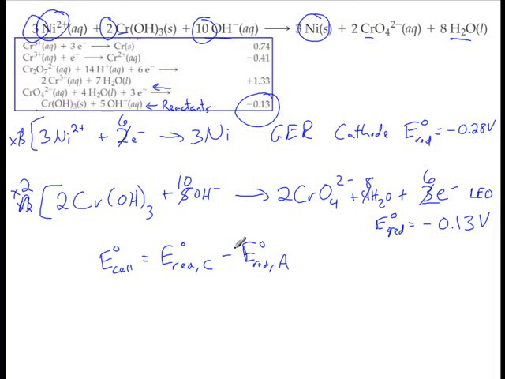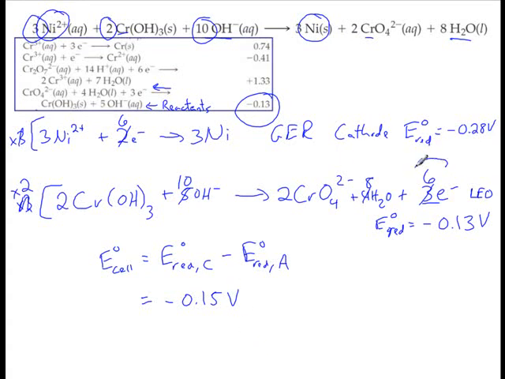The negative sign means it flips this to a positive value, since the half reaction is flipped from the chart to the example we're looking at. When we plug those values in, we get minus 0.15 volts. So the reaction as written is not spontaneous, which I'm going to comment on in a second.